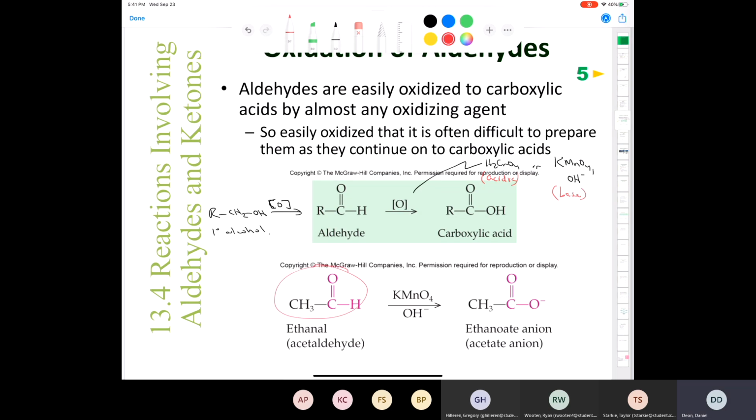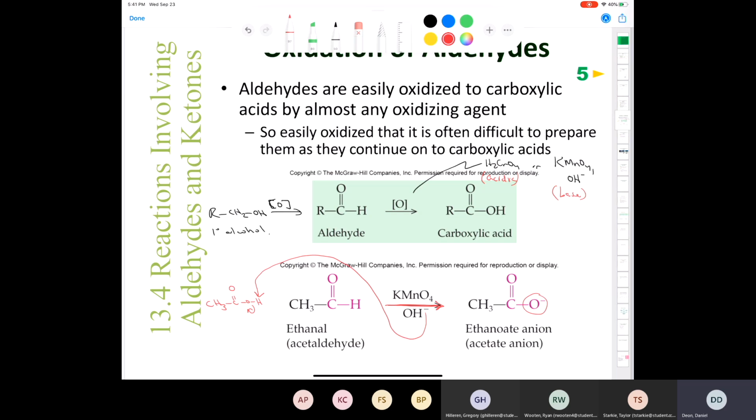If you take an aldehyde and you oxidize it to a carboxylic acid, but the carboxylic acid is in a base, all right, what's going to happen is that when this reaction happens, this reaction that I'm highlighting with the red arrow, you are going to produce the carboxylic acid, okay? But then what happens is that the hydroxide is going to take off this proton and it's going to leave you with a negative charge, all right?